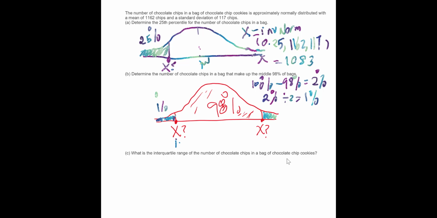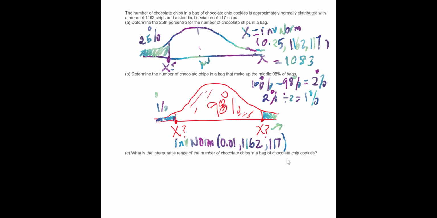So you do inverse norm, 0.01, and then you do the mean, and then you do the standard deviation, and you get the answer for this x. How do you find the other x? I'm going to make it very simple. Look what you do, guys. If the first inverse norm you use the 0.01, the second one you have to use 100% minus 1% will be 99%.